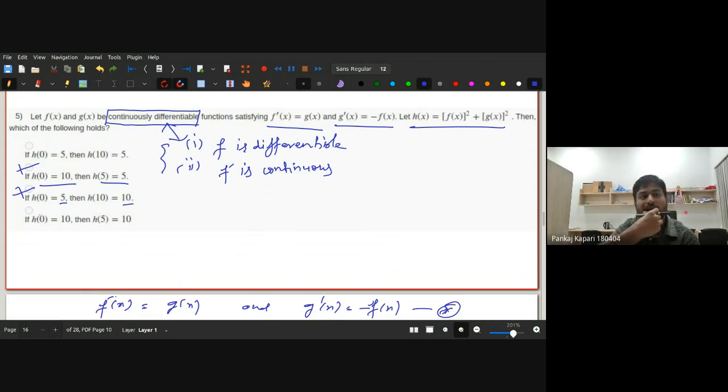So now we remain with these two cases: at 0 the function value is 10, at 5 the function value is again 10, and at 0 the function value is 5, and at 10 the function value is 5. So both are constant values, so we have to find out which one can be true out of these two. Any idea?